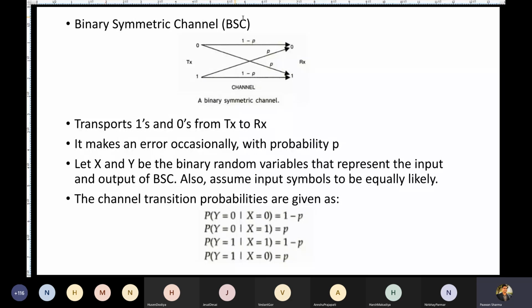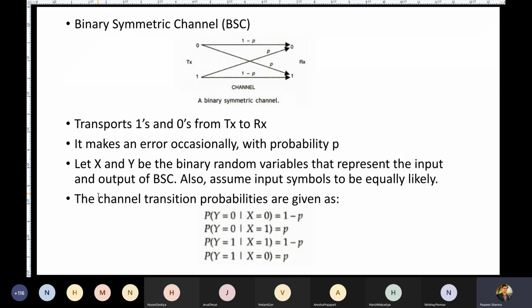So X is representing input and Y is representing output of this binary symmetric channel. Also assume input symbols. What are input symbols? 0 and 1. They are equally probable. Their occurrence is equally likely. If 4 times 0 occurred, 4 times 1 is expected to occur.